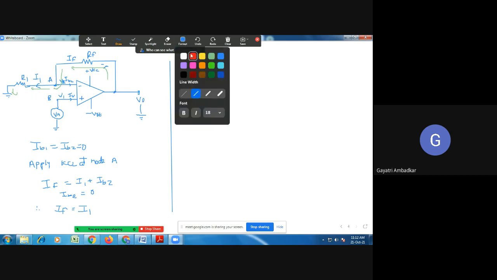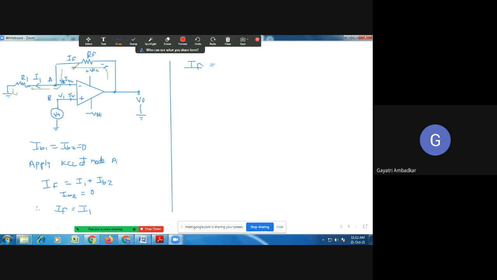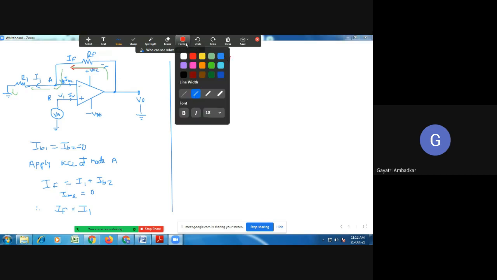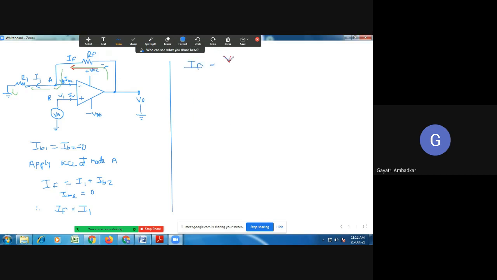So this is IF and the green one is I1. So this voltage minus this voltage divided by RF. So if you apply KVL, you can find it. So IF is equal to VO minus VA divided by RF.